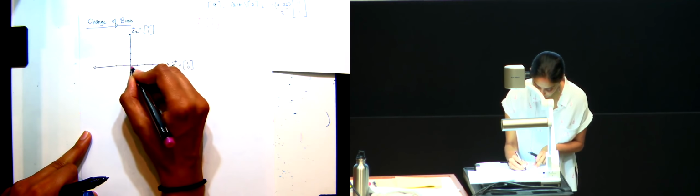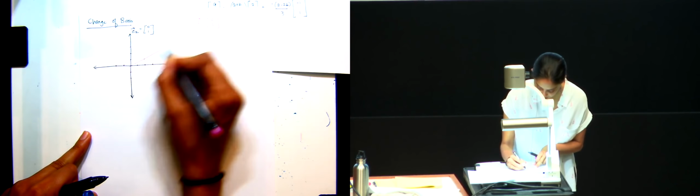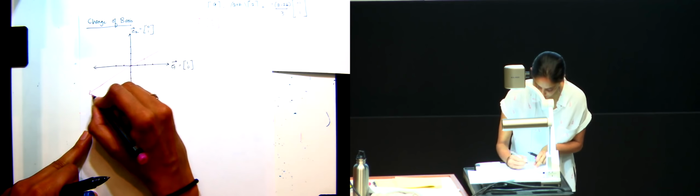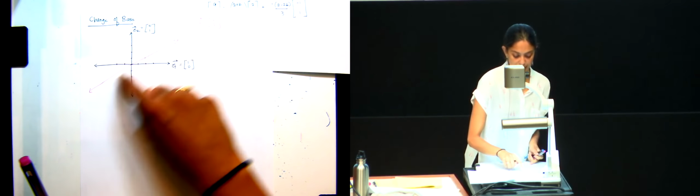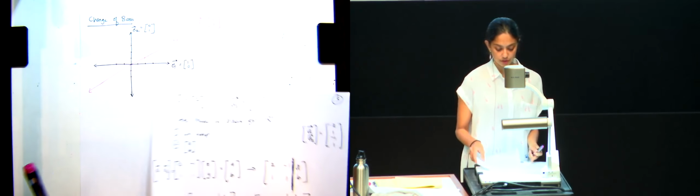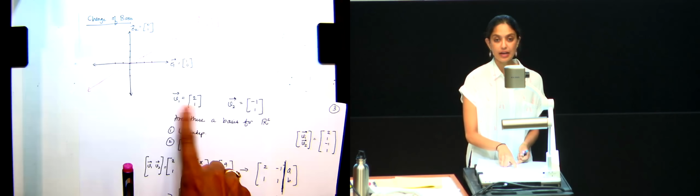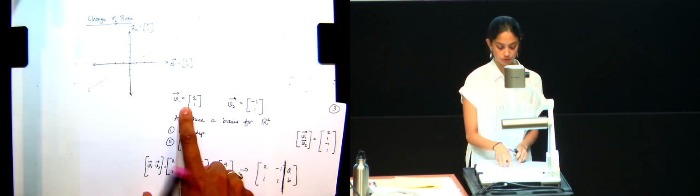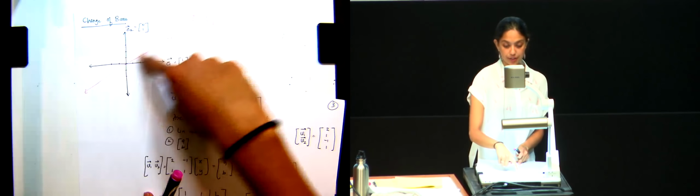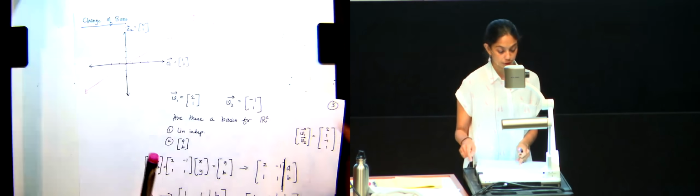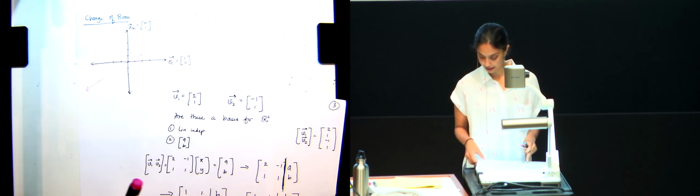The span of this vector is the following line. Remember, where did these vectors come from? These vectors came as the eigenvectors of Q, right? So any vector along this line is in the eigenspace of Q corresponding to that eigenvalue.